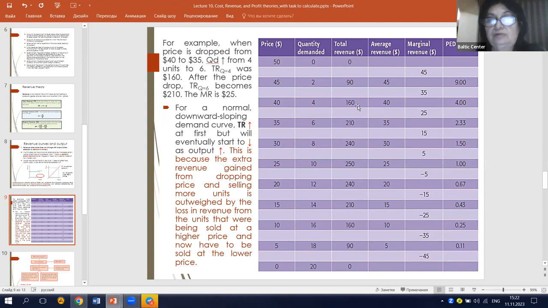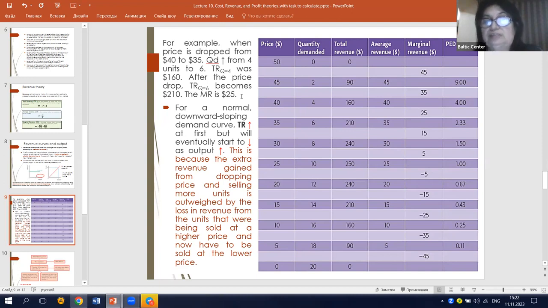So you see here on the line. So, and after the price drop, the total revenue for quantity 6 becomes 210, yes, in dollars, okay? So the marginal is 25.